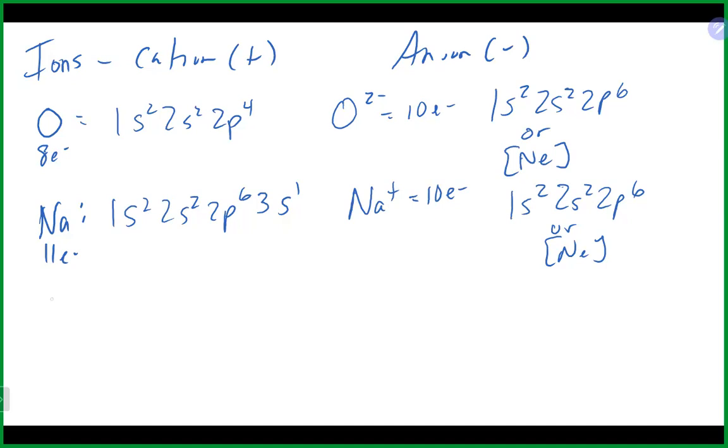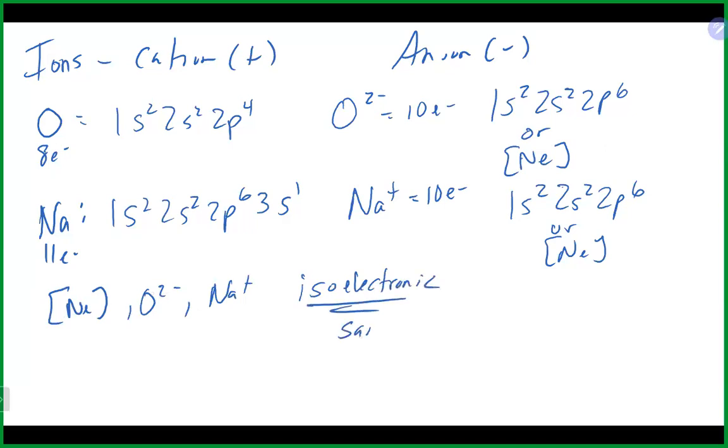So if we look at the configuration of neon, oxide, and sodium, they all have the same electron configuration, which means they're isoelectronic with each other. They have the same exact electron configuration.